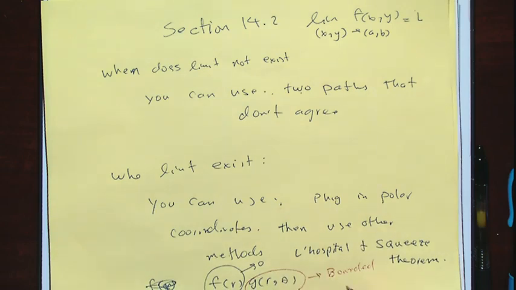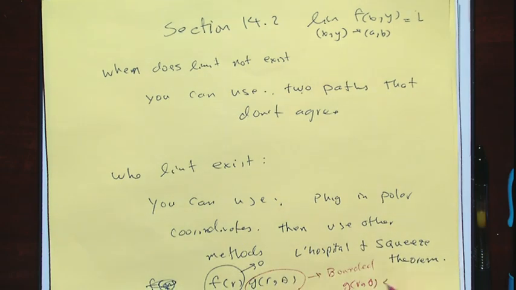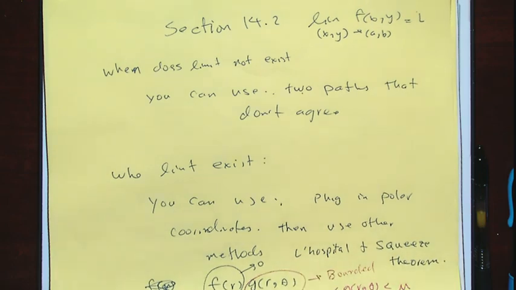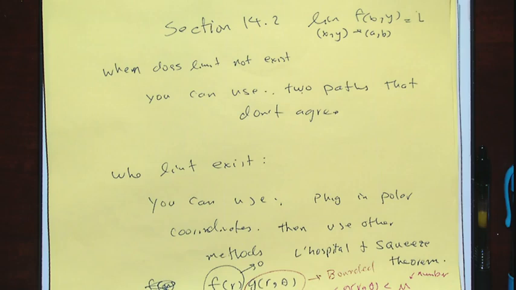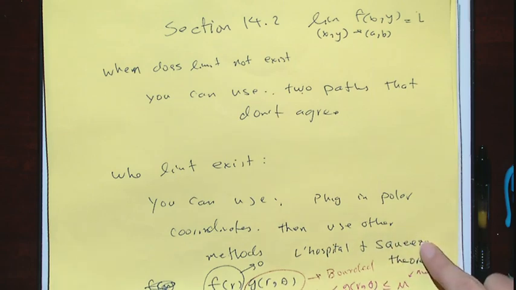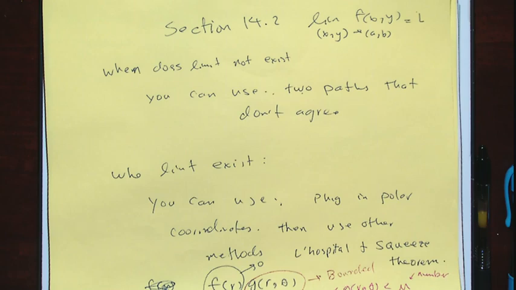So here, bounded means that g of r and theta is between two numbers, say L and big M. So when one function is bounded and the other function is going to 0, this is equivalent to the squeeze lemma. After you plug in your r and theta, you want to figure out if you can pull out r, and what is left over is bounded, and r multiplies and makes it 0.